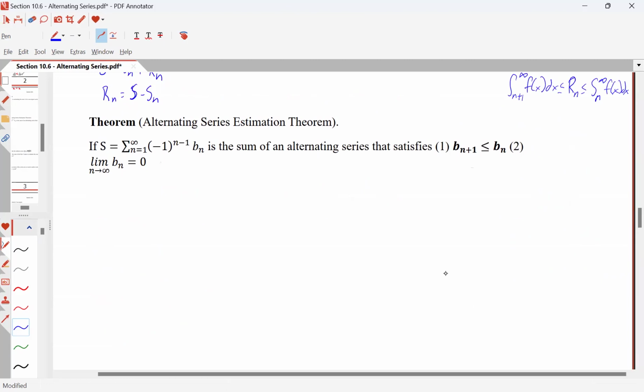And the property we're going to get, we're going to describe based on why this test works.